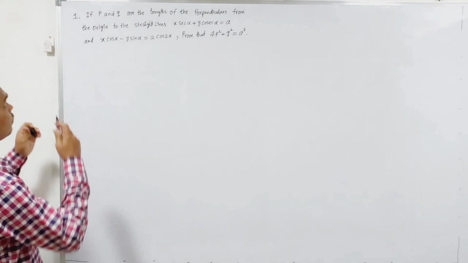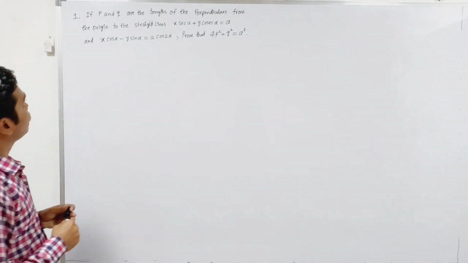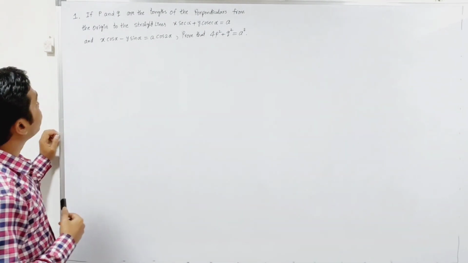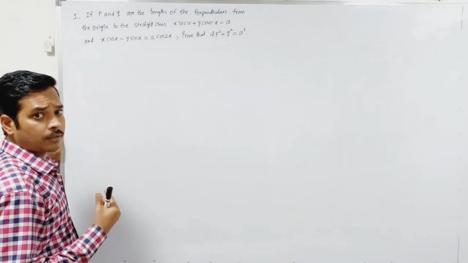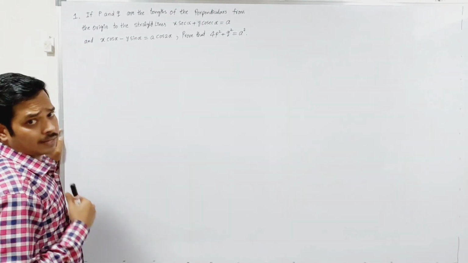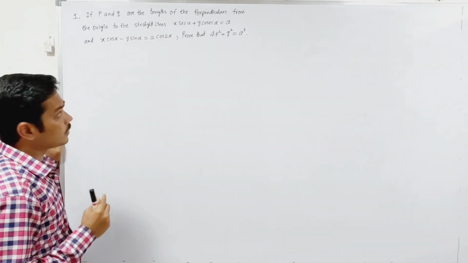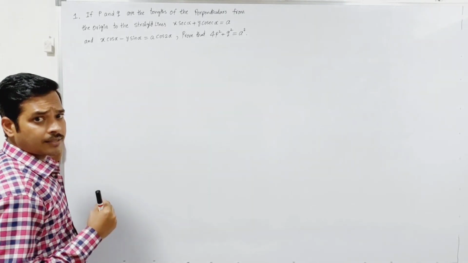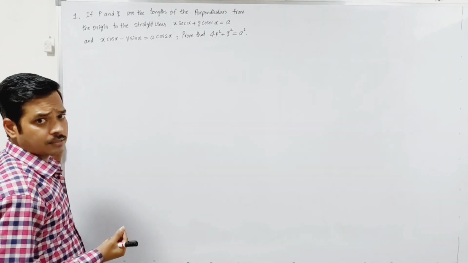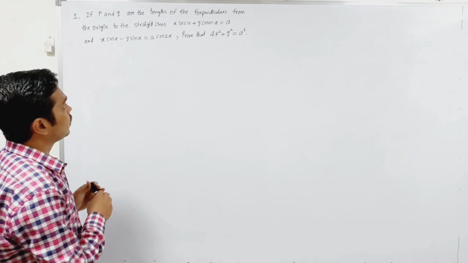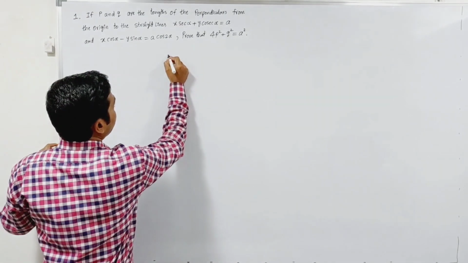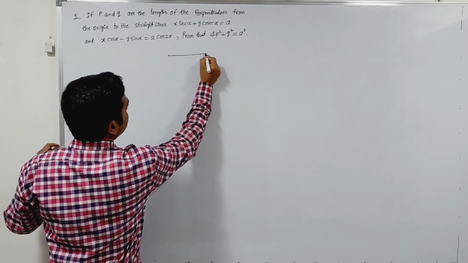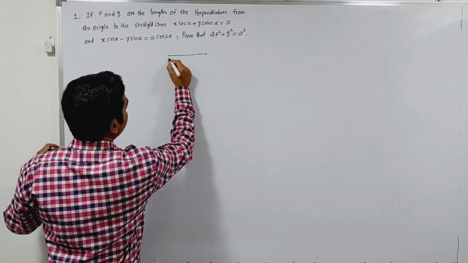In this problem, p is the length of the perpendicular from origin to first line and q is the length of the perpendicular from origin to second line. In 2D geometry, length of the perpendicular distance or perpendicular distance all have the same meaning. We know the distance between 2 points.